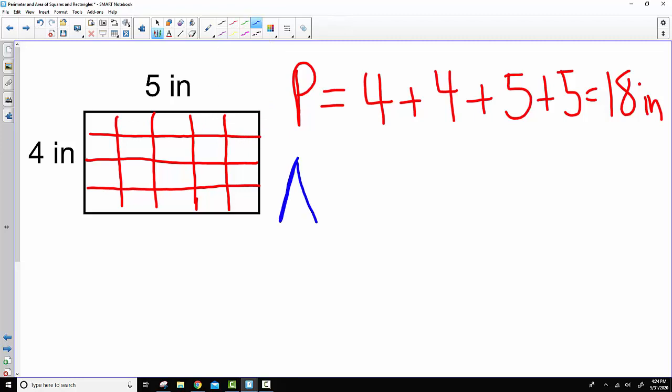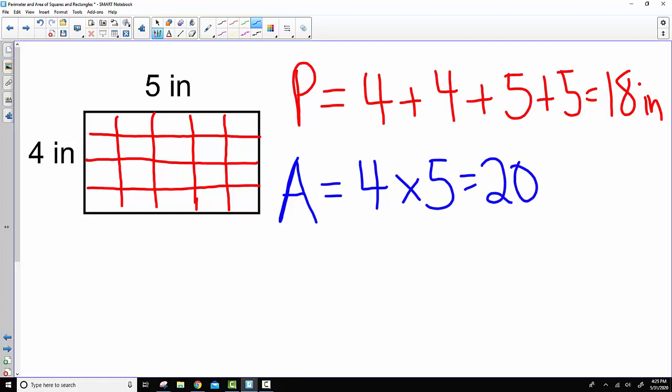So our area, let's do the formula first. It would be 4 times 5 would equal 20 square inches. And let's count and see if we're absolutely correct in that number. 1, 2, 3, 4, 5, 6, 7, 8, 9, 10, 11, 12, 13, 14, 15, 16, 17, 18, 19, 20.